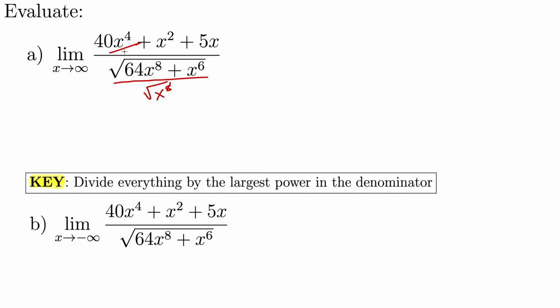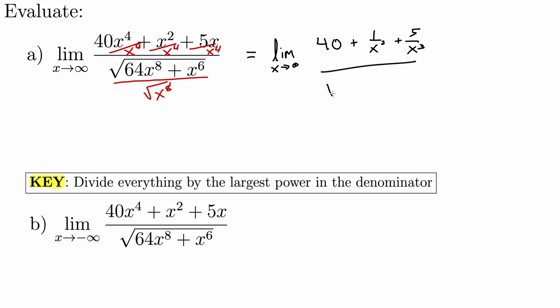Okay, so up top we'll divide everything by x to the fourth over x to the fourth over x to the fourth. Well, now in the denominator we can combine all of this under the same radical. So what does this give us? We still have the limit as x goes to infinity. Up top we just have 40 plus 1 over x squared plus 5 over x cubed.